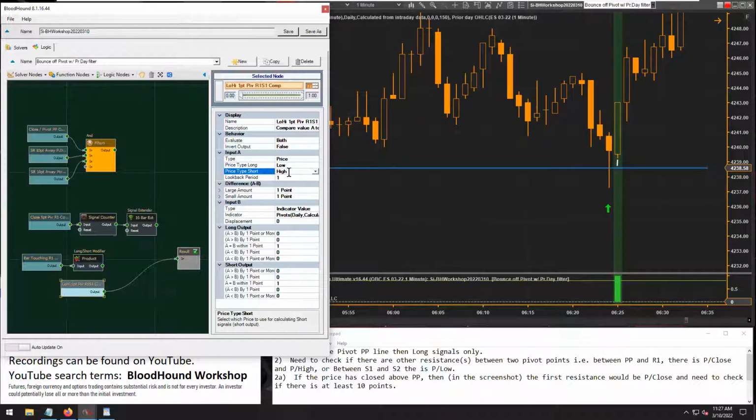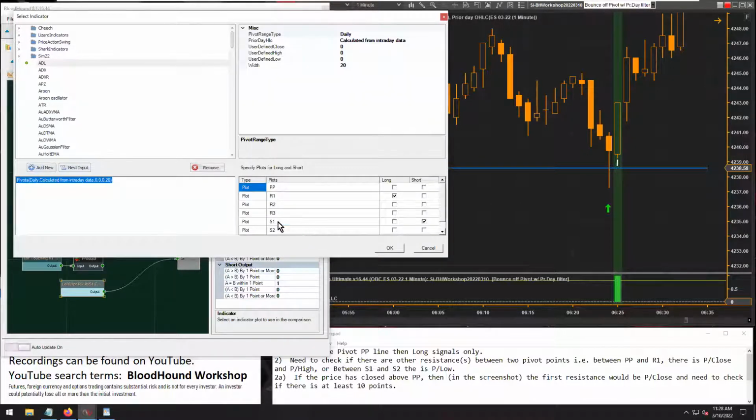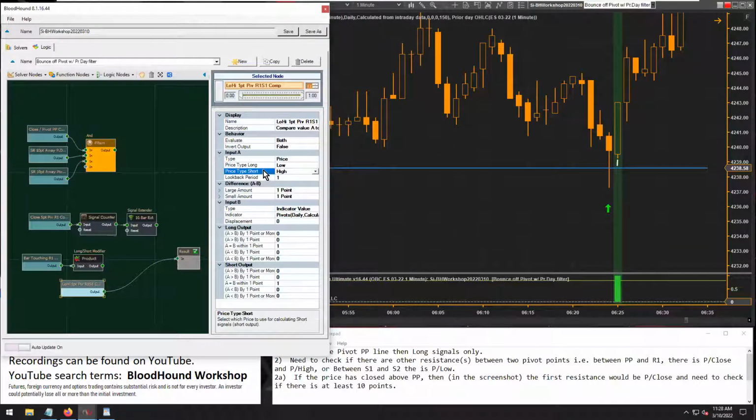So if the high gets within 1 point of S1, right? Because remember, for input B, we used S1 for the short signal calculation, right? So if the high gets within 1 point of S1, we're going to get a short output.